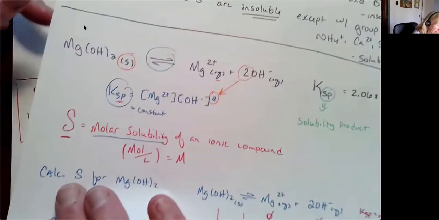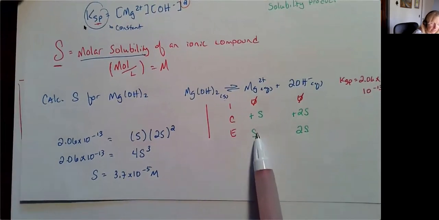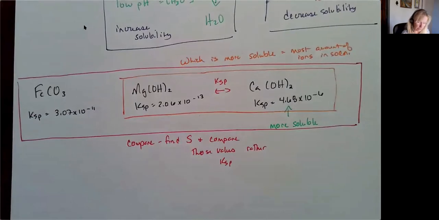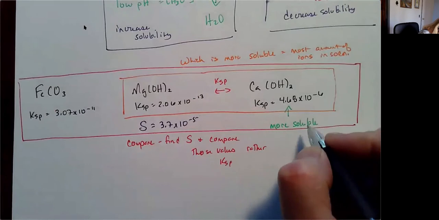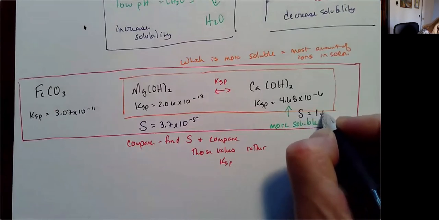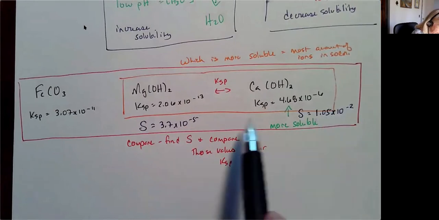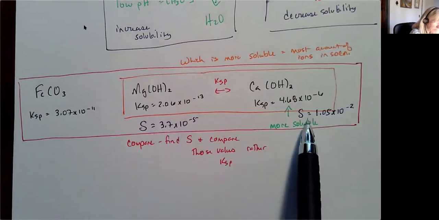If I calculate my S just like I did here, for calcium hydroxide and iron carbonate, what I'm going to find are these values here. This S, which we've already calculated, is going to be 1.05 times 10 to the minus 2, and this is a smaller value, so that also tells me that this is going to be more soluble.